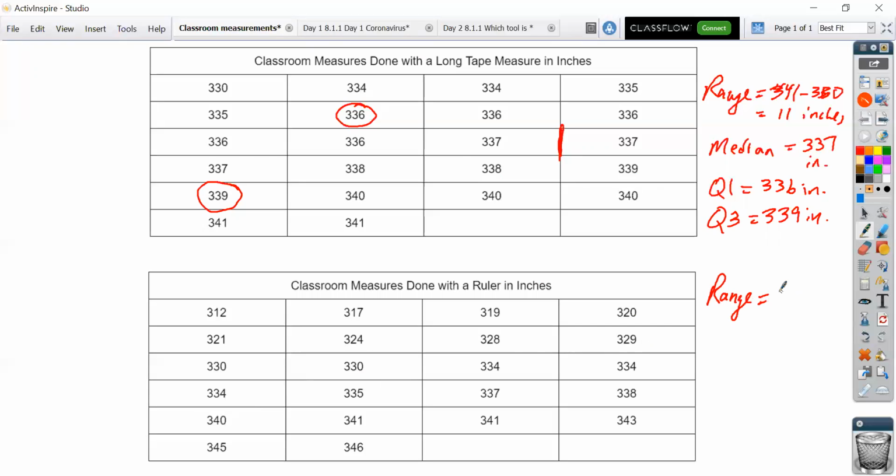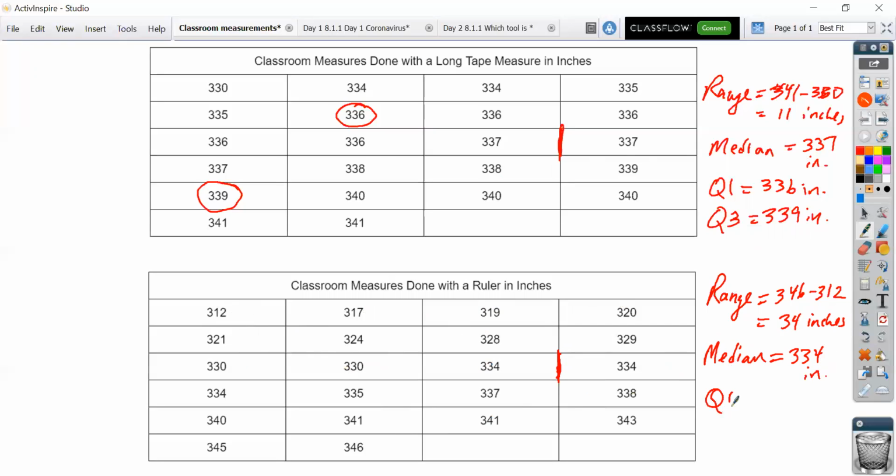The range is going to be 346 minus 312. So that is going to be 34 inches. That's a pretty wide range compared to the one above it. The median, doing the same trick. So let's see, 1, 2, 3, 4, 5, 6, 7, 8, 9, 10, 11 is going to be right here. Oh, that's right in the middle of 334s, so that'll be 334 inches.